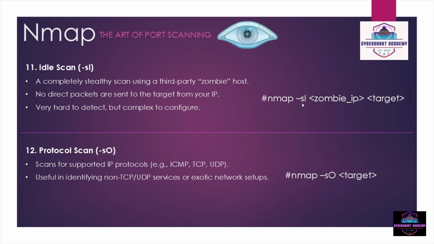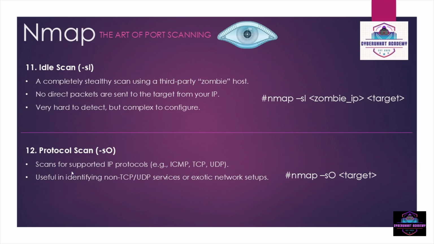How it works: nmap -sI zombie IP, meaning another host's IP in your network that you want to show to the outside world, so that the scan appears to come not from your IP but from the zombie IP, and then the target. Basically, this works as a middleman between your IP and the target. This is an idle scan.